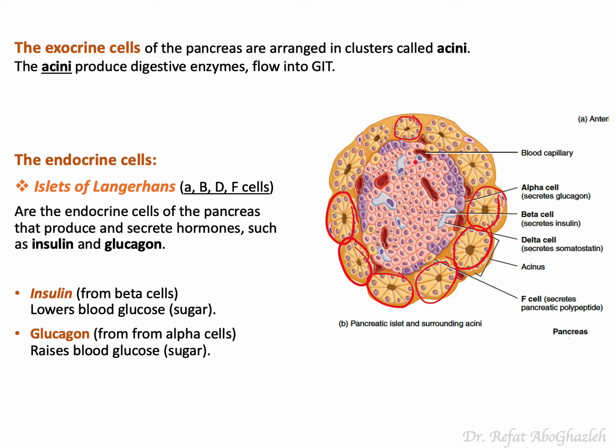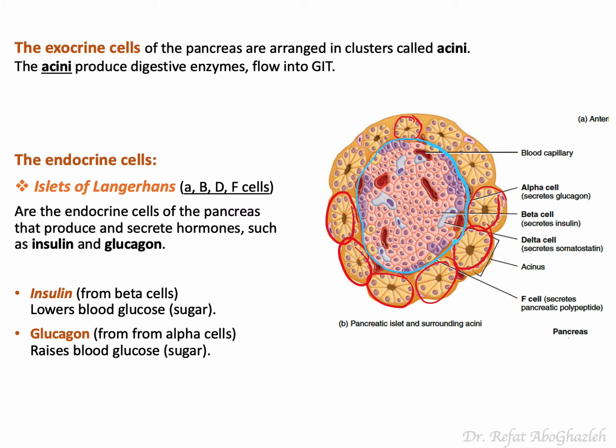But look at this one here, guys, which is like an islet. This islet is an example of endocrine cells. This is the islet of Langerhans that is composed of a bunch of cells. For example, it has alpha, beta, D, and F cells.